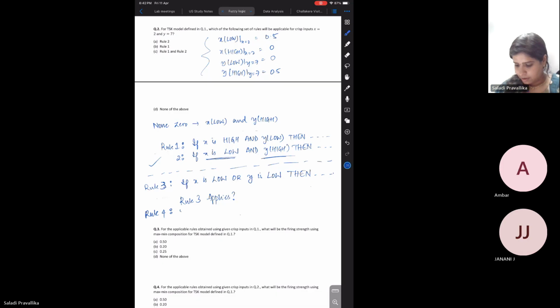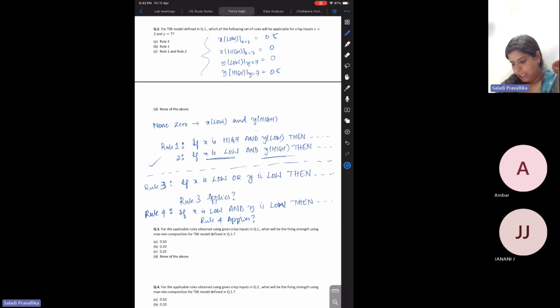If x is low and y is low, then some consequence. Does rule 4 apply? Does not apply.